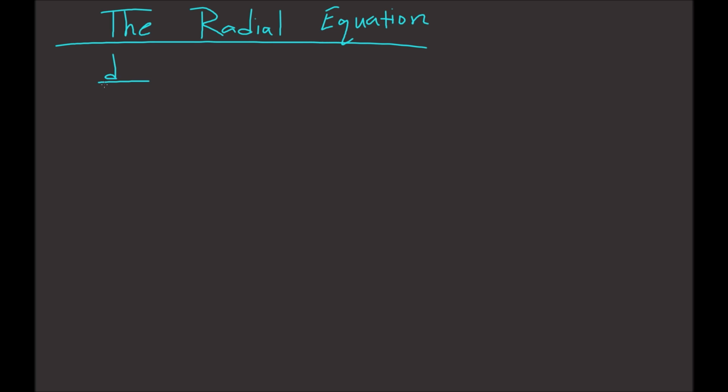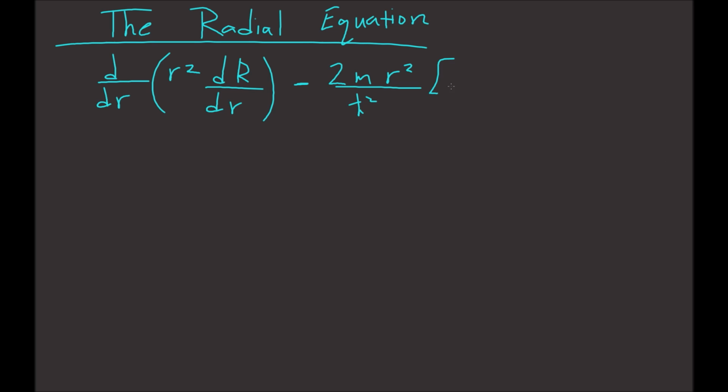So we have d/dr of r squared dR/dr, minus 2 times mass times r squared divided by h bar squared, times some potential function, a function of r, minus energy E, times R. This equals L times L plus 1 times R. Alright, we're going to introduce a new variable.